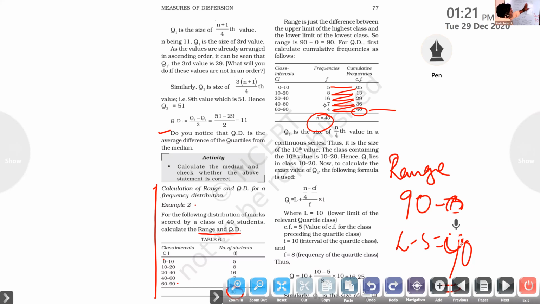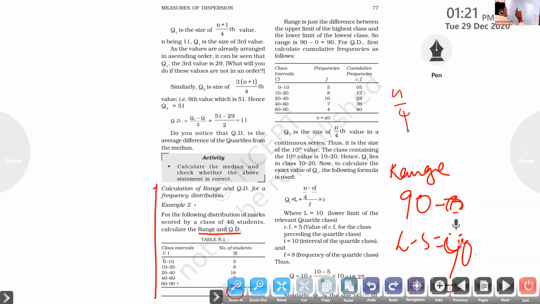Something you want to remember, what we learned in the previous class: Q1 is the size of the N divided by 4th value in a continuous series. In the earlier case it was N plus 1 divided by 4, but coming to a continuous series, the speciality is it is just N by 4, not N plus 1 divided by 4.